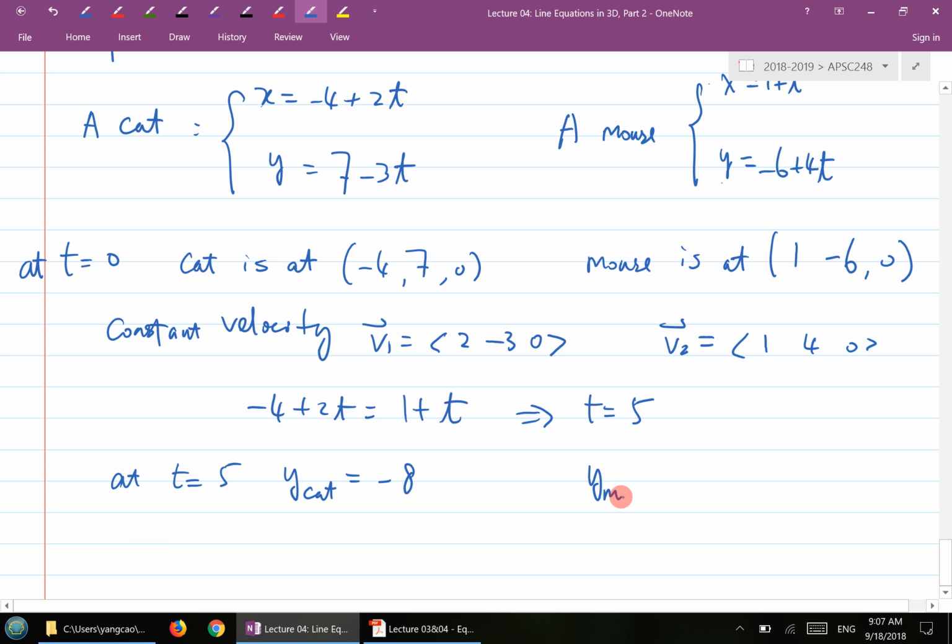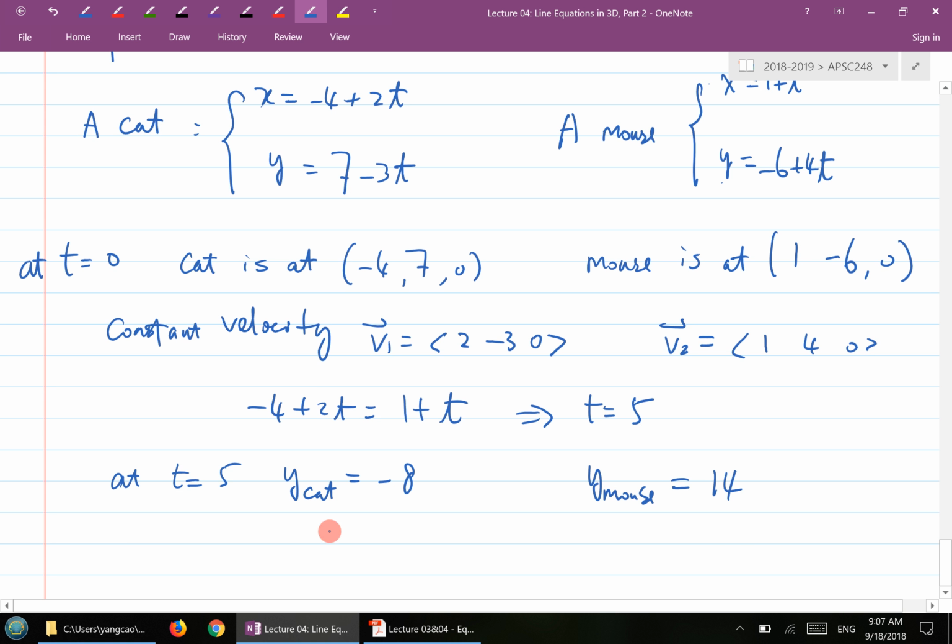And y mouse is negative 6 plus 20, which is 14. That's way off. So at t equal to 5, it satisfies x but doesn't satisfy y.